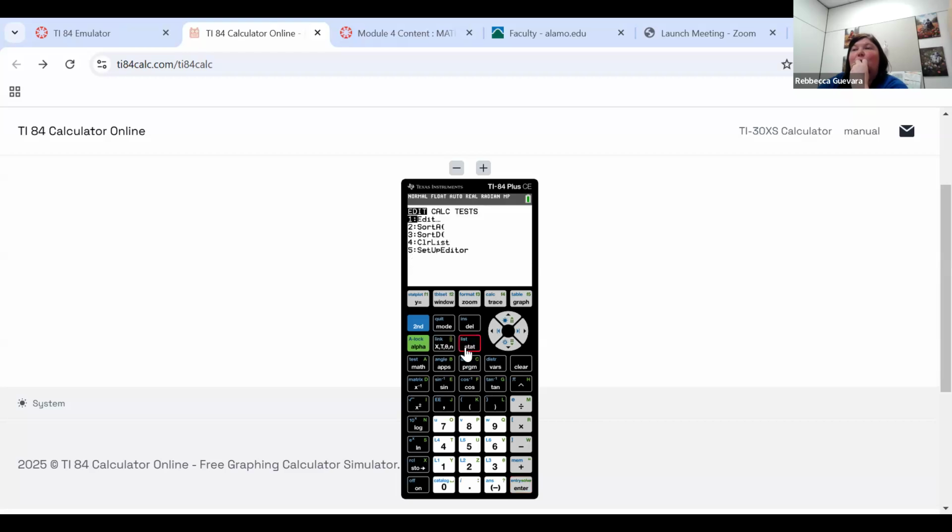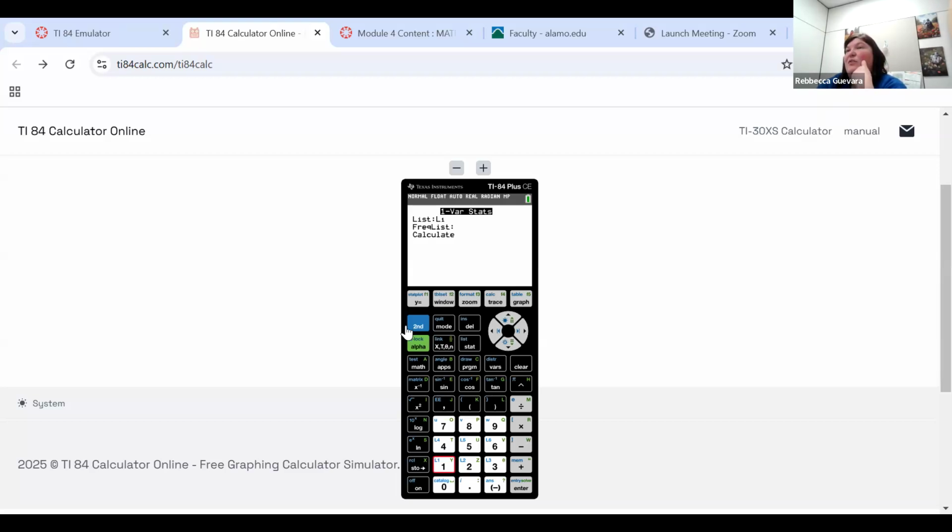So we hit stat again, or have our list. We go over to calculate, one variable statistics. You don't always have to hit enter. I can hit 1 because it's telling me 1 there. Like if I want to do linear regressions, I just push 8 and it does linear regressions. If I push 1, it takes me right to 1-Var Stats. I'm using list 1.